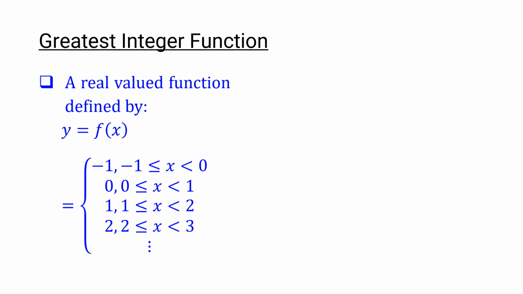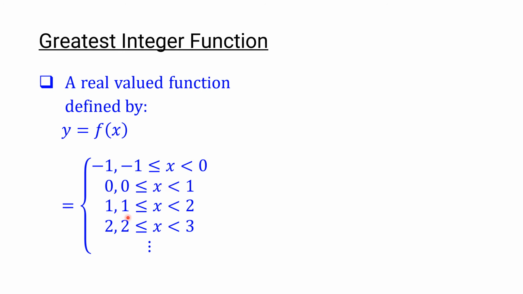The next common function is greatest integer function. This function takes the real value of x and returns the integer value which is just smaller than the value of x. Therefore, if x is between 0 and -1, it returns -1. If x is between 0 and 1, it gives the value 0.